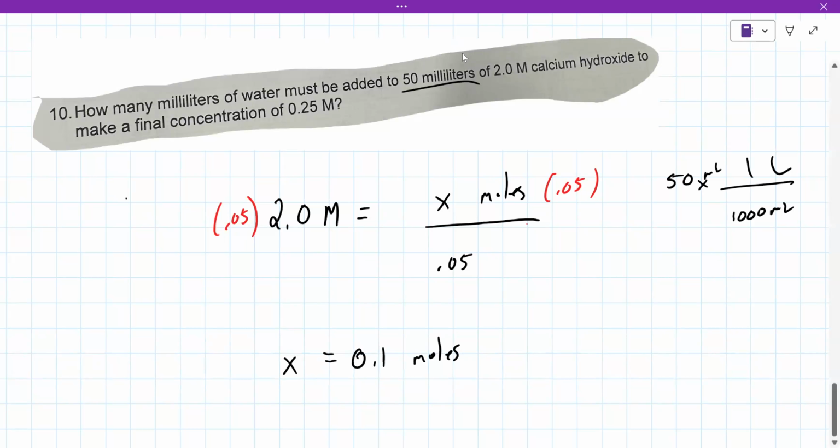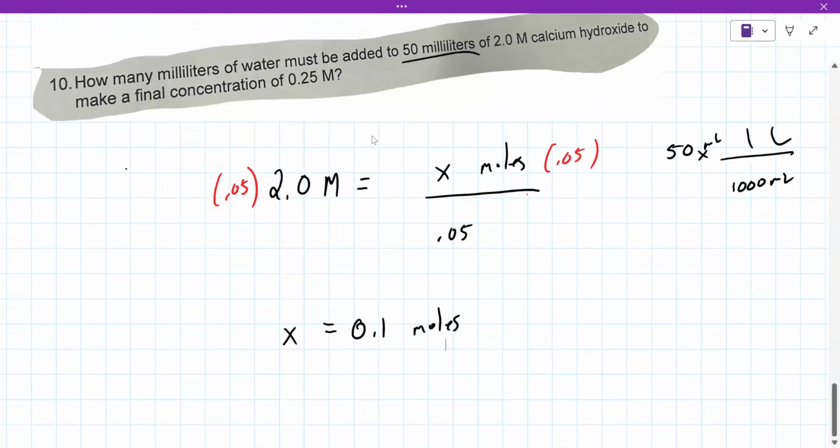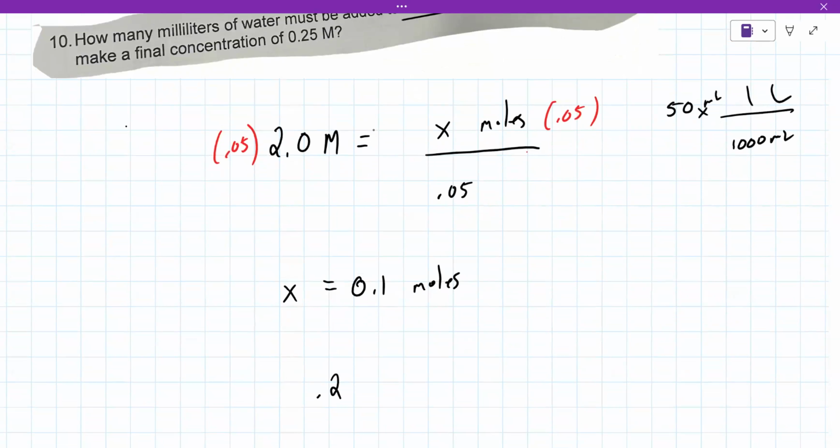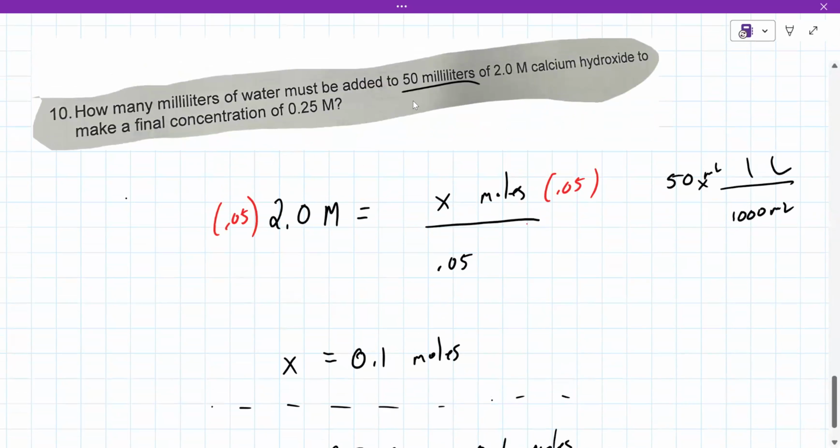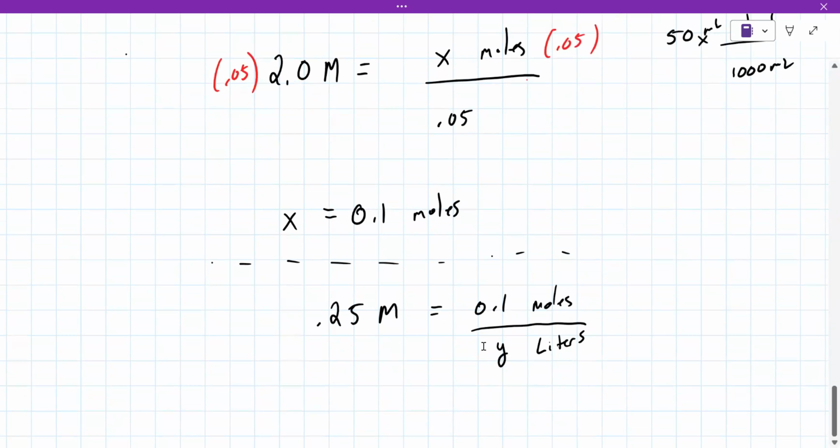Now we want a final concentration of 0.25 molar, which is the transition of the problem. The number of moles stays the same. That doesn't change. Now I'm just going to change letters: Y liters. There's a couple of ways to do it.